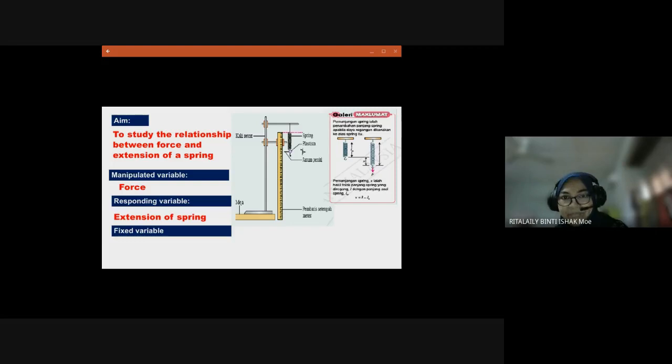What we can measure, like Ashley said just now, is the initial length of the spring. If we have a spring that is thicker, what would be the force exerted onto it? A thicker spring and a thinner spring. What is the difference between these two springs? Which one is much easier to extend?